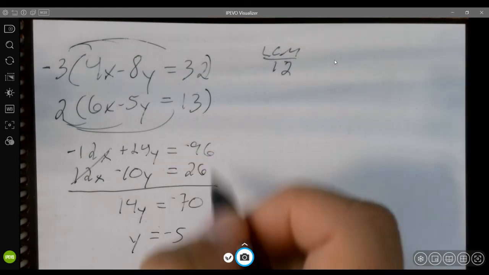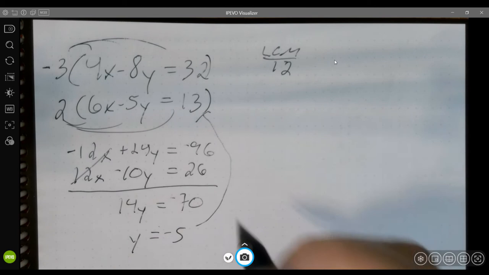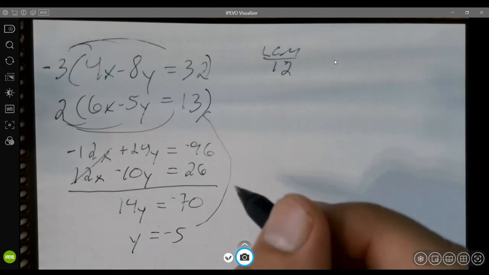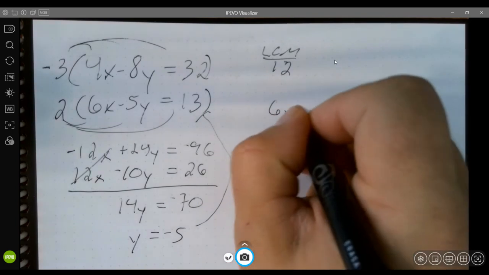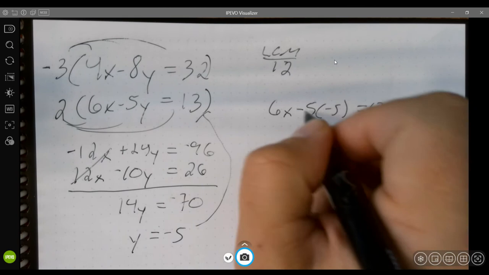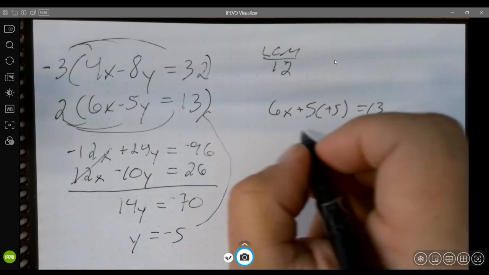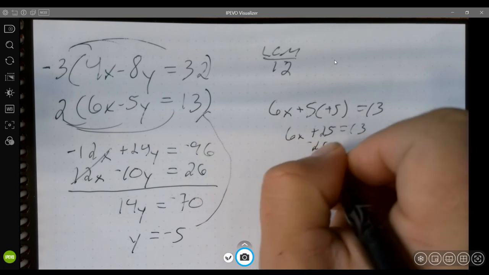I still need to plug this back into one of the top two to get x. I'm going to go with the bottom one just because it's multiplying by a 5 and a 13. The numbers are a little smaller. So I have 6x minus 5 times negative 5 equals 13. The two negatives there multiply to be a positive, so I get 6x plus 25 equals 13.